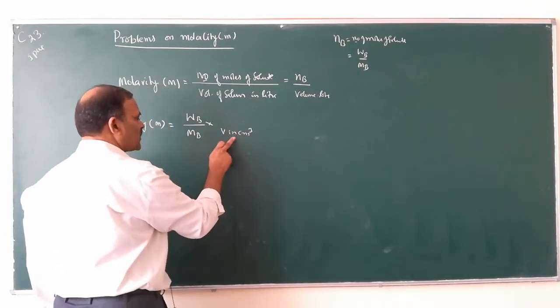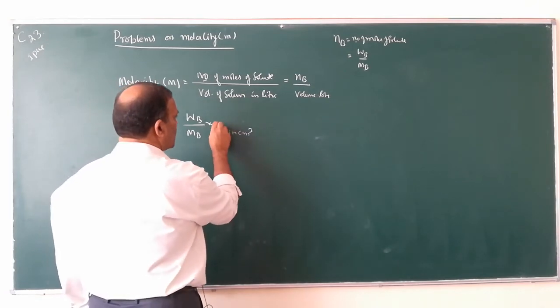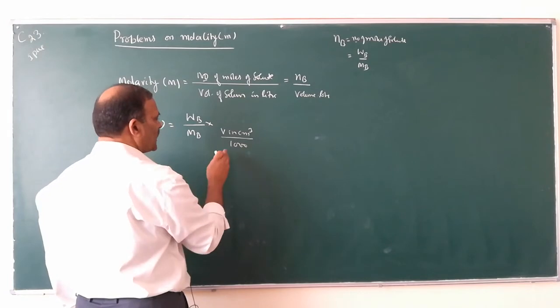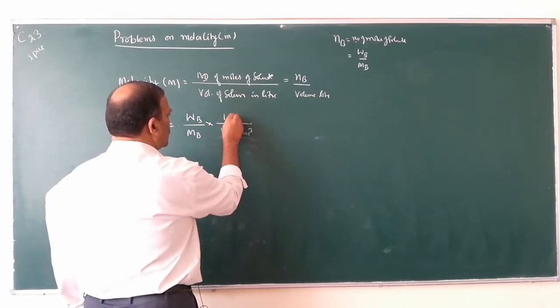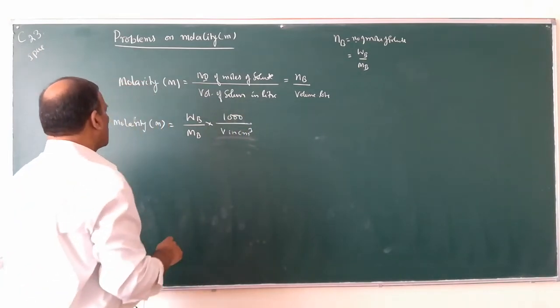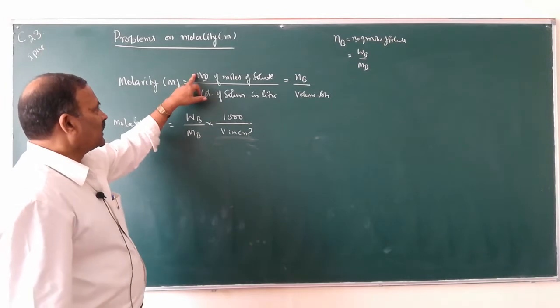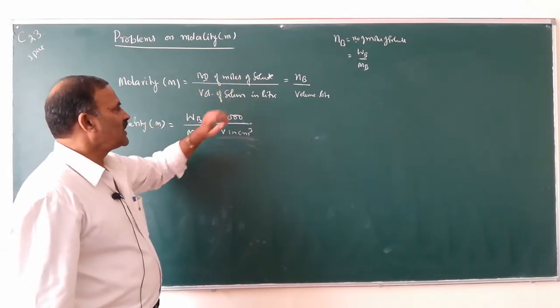So, centimeter cube should be converted into liter by dividing it by 1000. So, 1000 goes to numerator now. So, this is the expression for molarity. Molarity is number of moles of solute divided by volume of solution in liter.